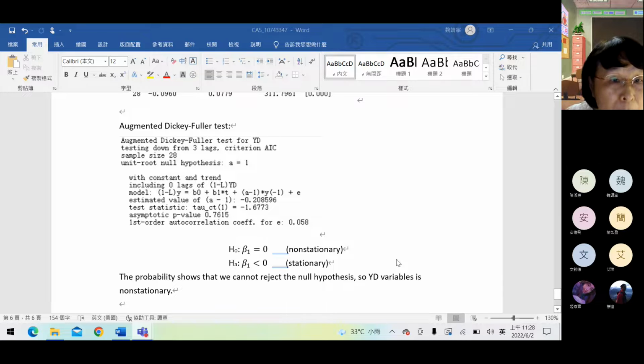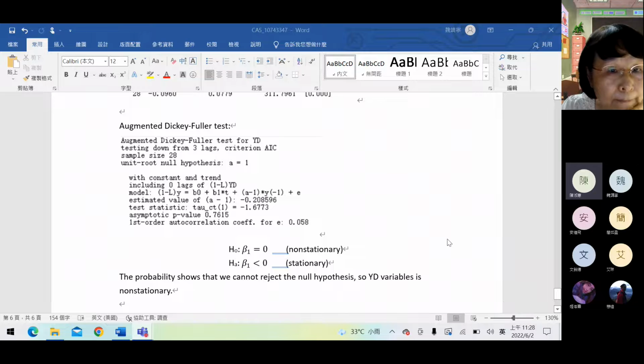You'd like me to show with different lags, is there any possibility that it changes to stationary? I'm just saying that if it is 3 lags or 4 lags, I think it is different, right? With different lags, maybe the answer will be different. We need to try. All right, thank you.